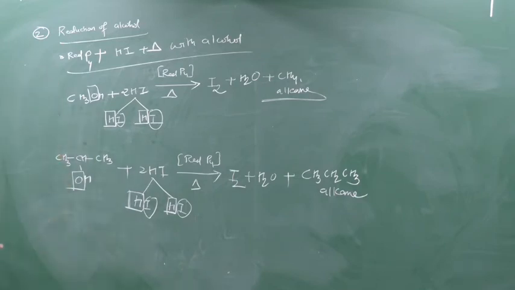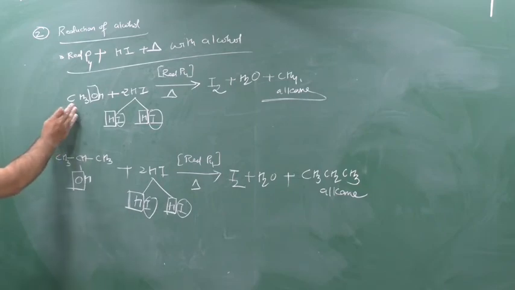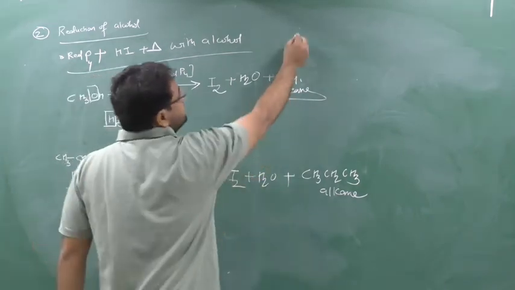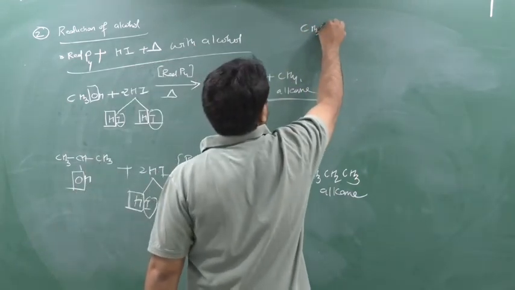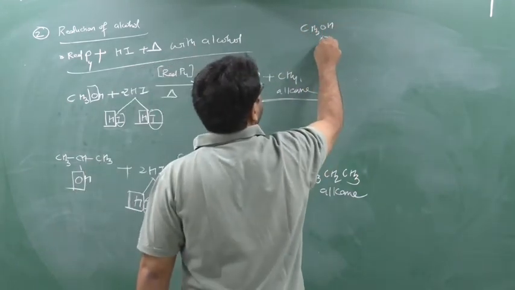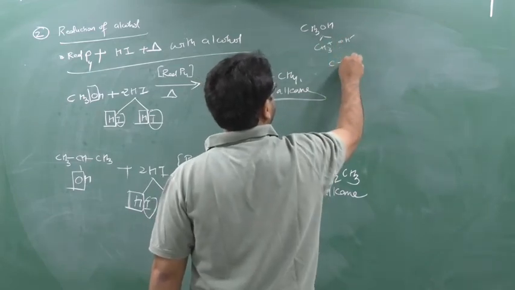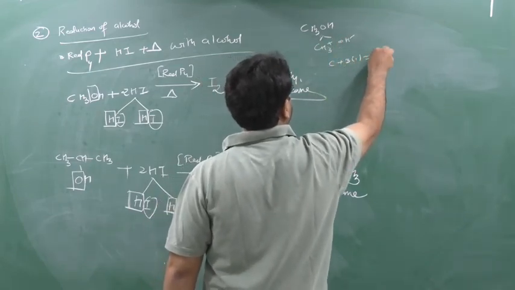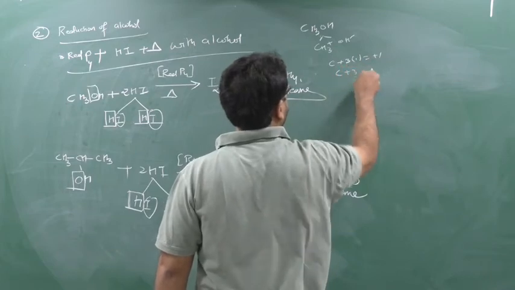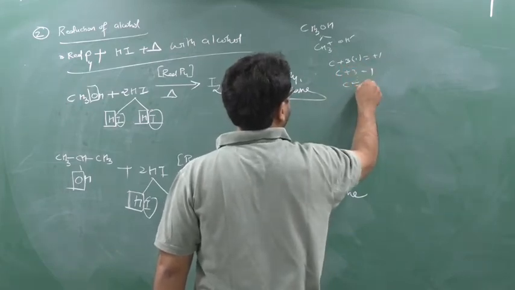So how do we know this is a reduction? Look at the oxidation number of carbon. In CH3OH, I can split it as CH3 plus and OH minus. So C plus 3 into 1 equals plus 1, so C plus 3 equals 1, and C is equal to 1 minus 3, which is minus 2.